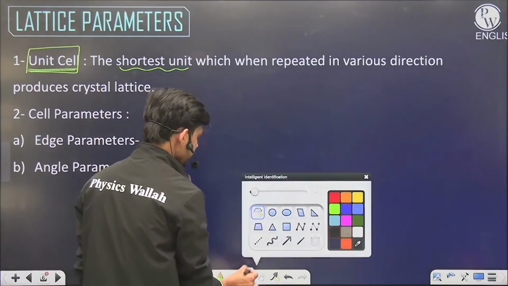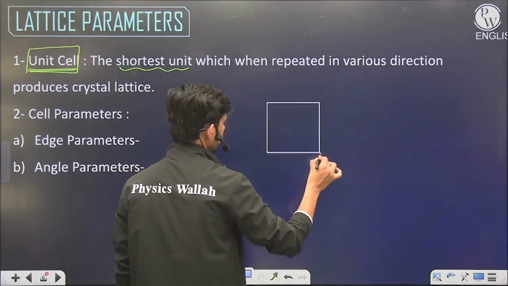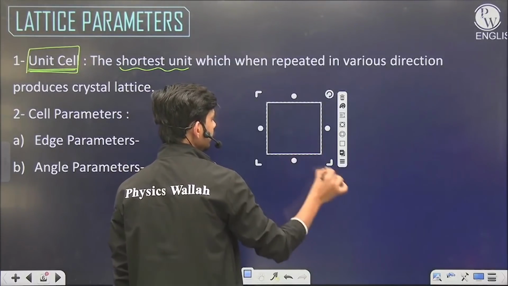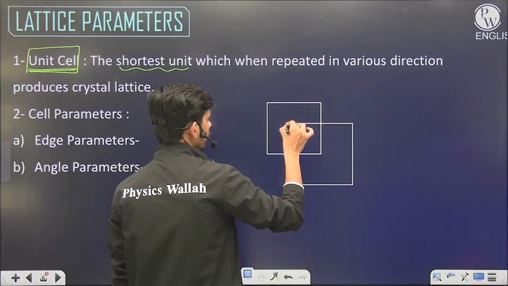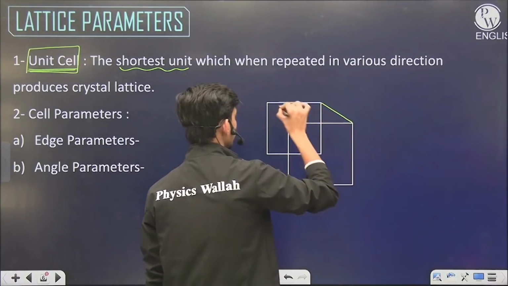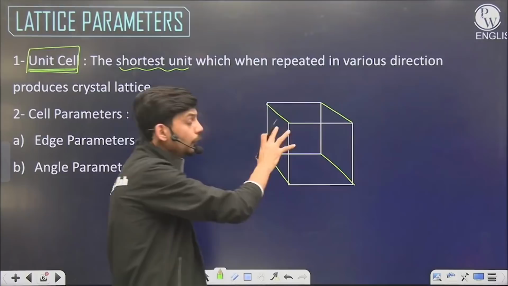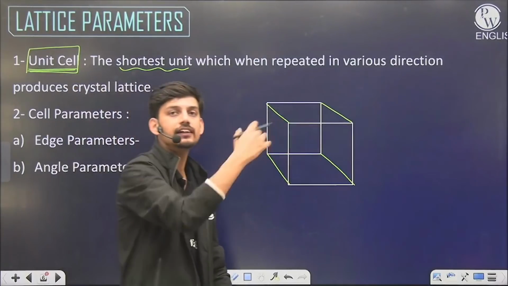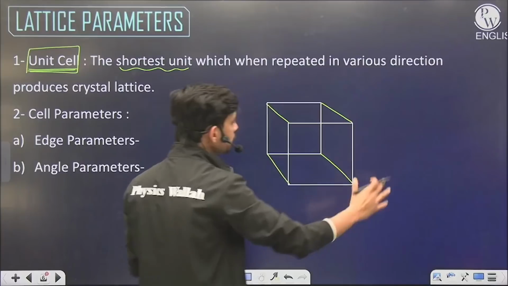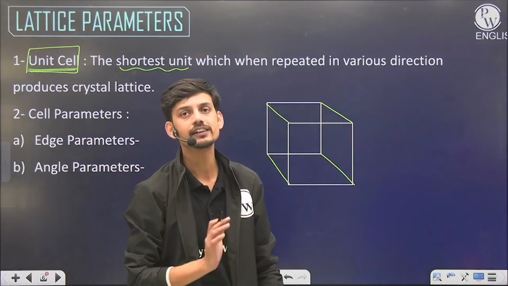For example, if we have a cubic lattice, meaning a lattice whose structure is in a cubic shape, and this cube is replicated in every other direction, it will produce the complete structure of the solid, which will be called a space lattice or crystal lattice.